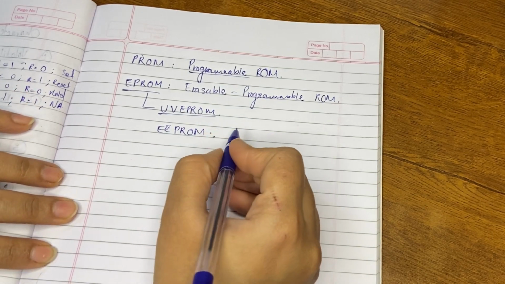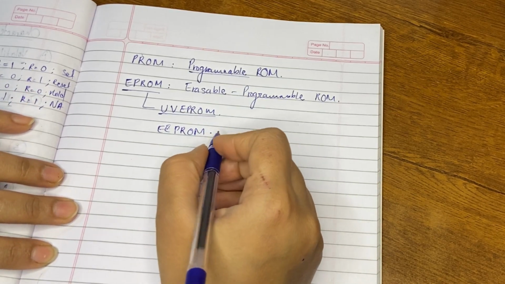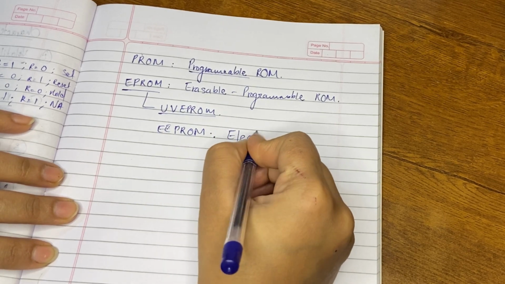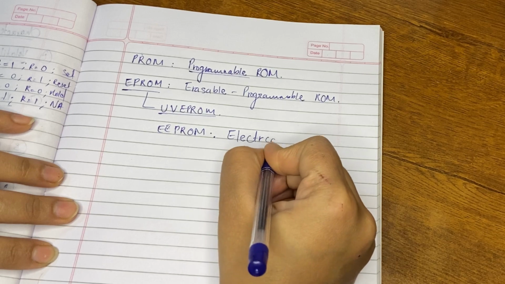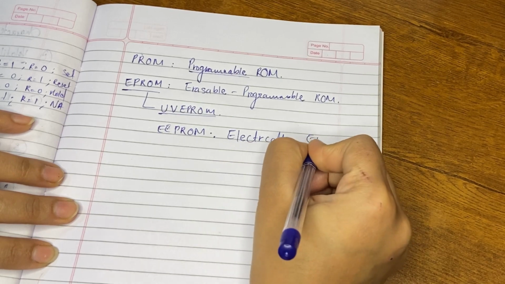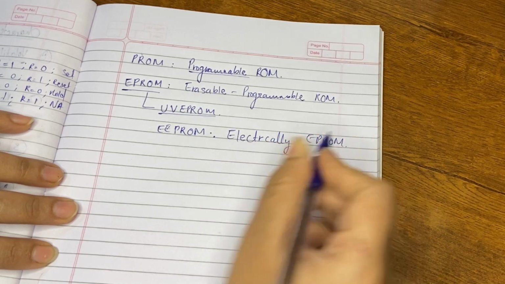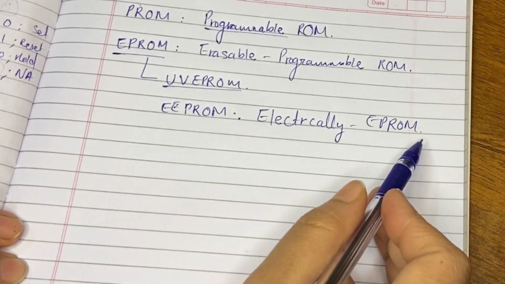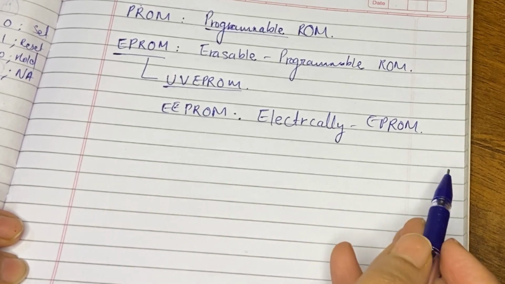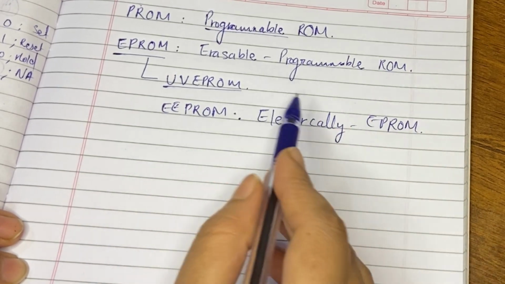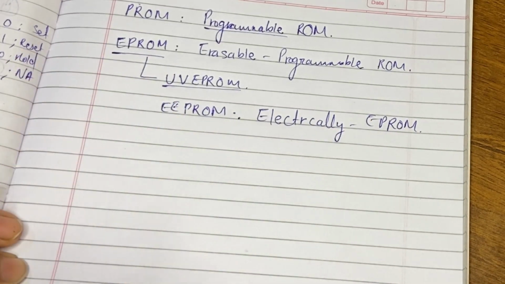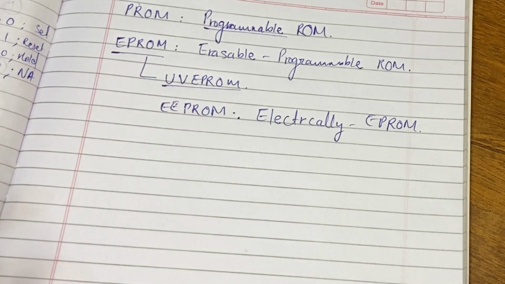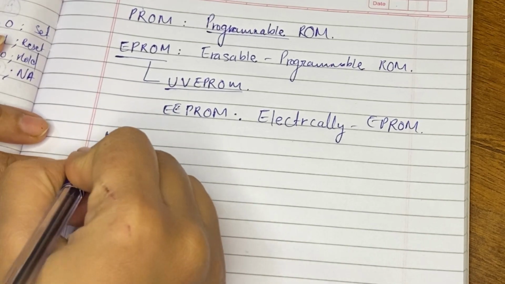Then EEPROM, electrically EPROM. EEPROM is electrically PROM that can be erased partially and again rewritten. So these are the different types of ROM that are available. And then there is purely ROM, which cannot be erased at all, right? We saw that.